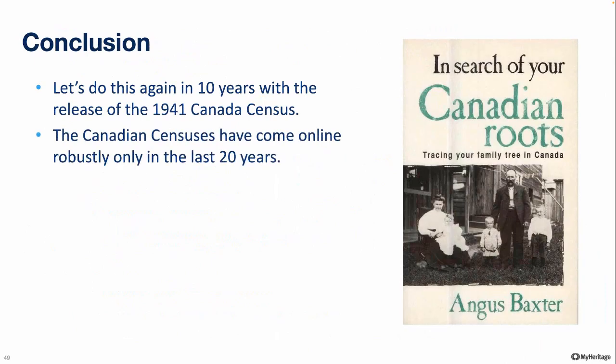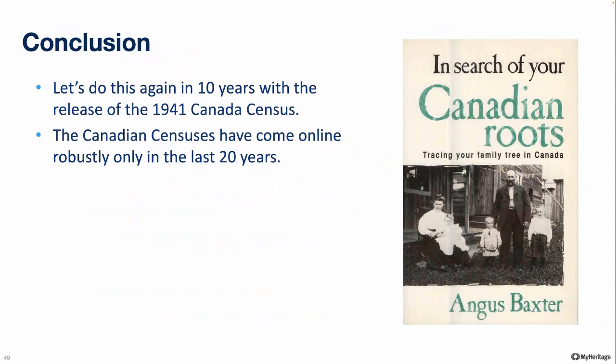I pulled this book off of my shelf to see what did they have to say about Canadian censuses. This book was written in 1989, and they have barely 2.5 pages. And it reminded me again that the Canadian censuses that we have really only come online in the last 20 years. I remember in my earlier career at Ancestry, doing some of the very early work on some of the Canadian censuses.